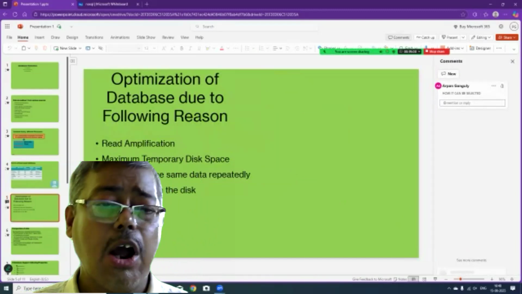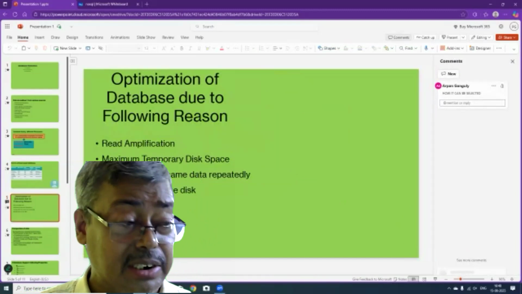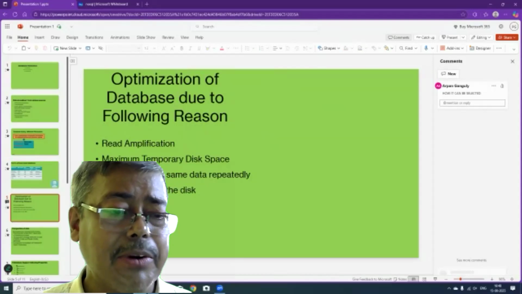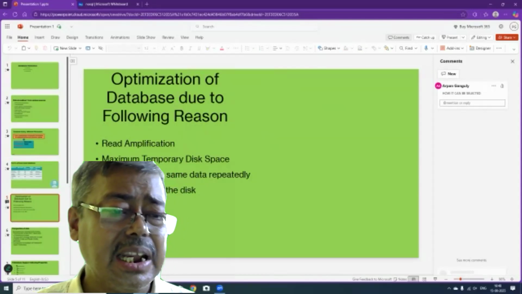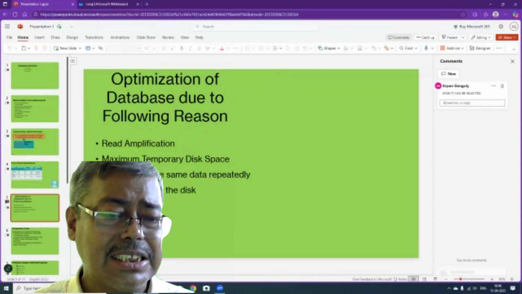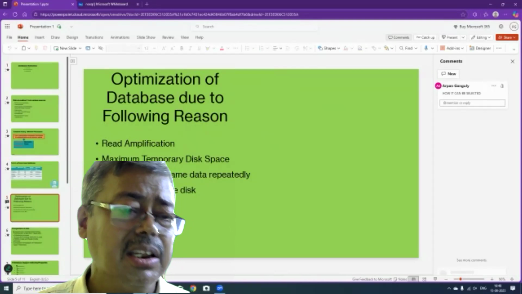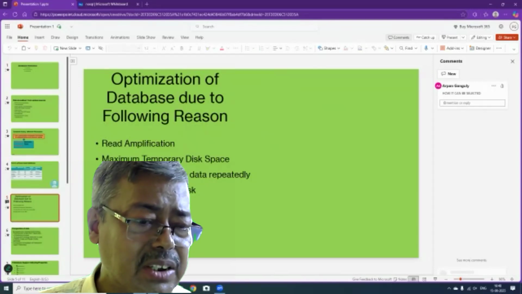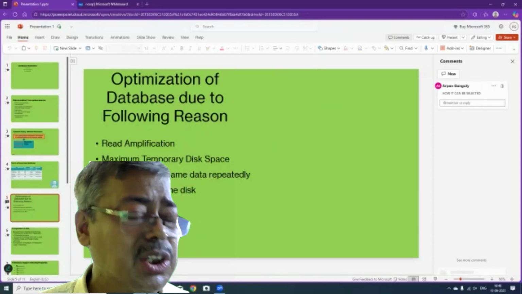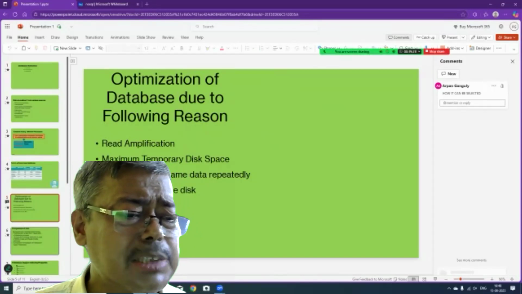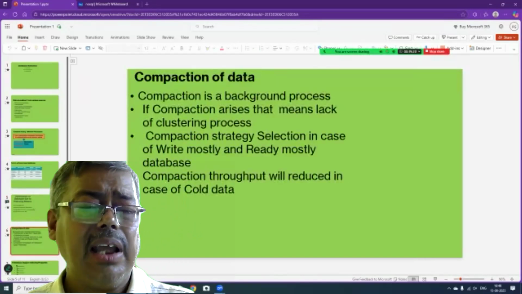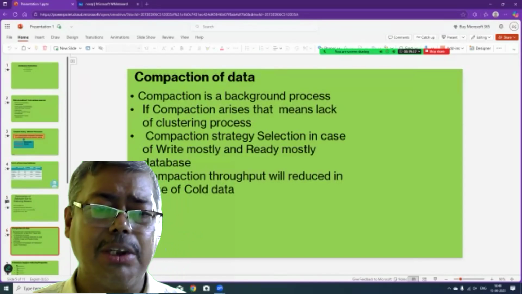We also see that optimization of the database is a factor to speed up our database. How? Read amplification, maximum temporary disk space, compacting the same data repeatedly and expanding data on the disk. Removing those issues, we can speed up our database. We also discussed the compaction of data.